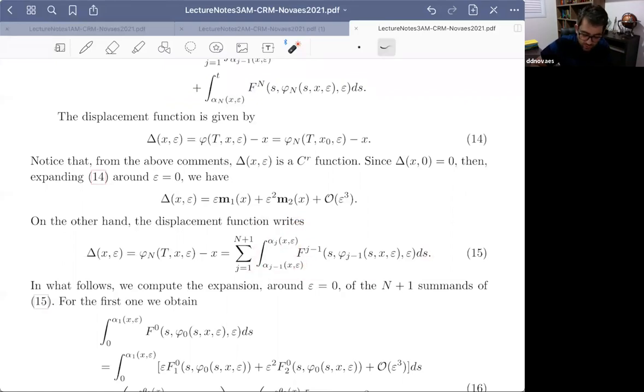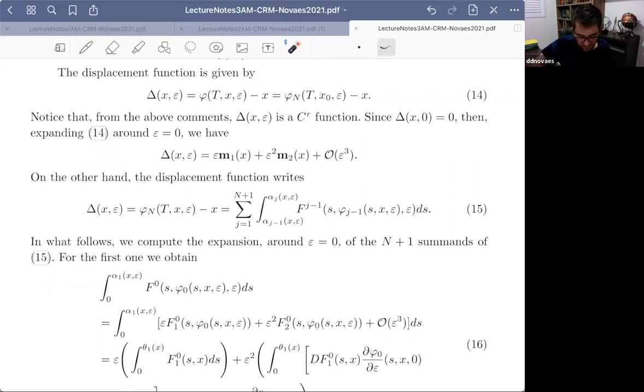Then we only have to expand this function. That is exactly what we have done in the smooth case. So that's why, in the case of discontinuity only at the time variable, the bifurcation function coincides with the average function that we have already defined. In this case, we have to be careful.